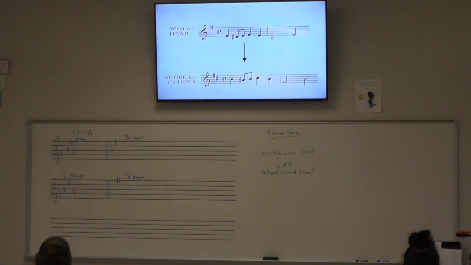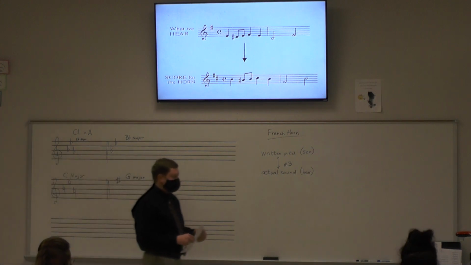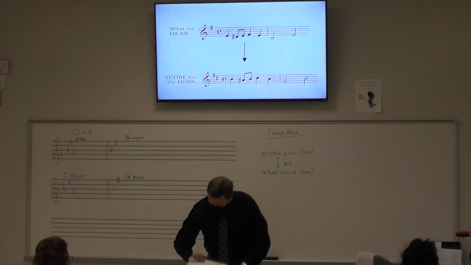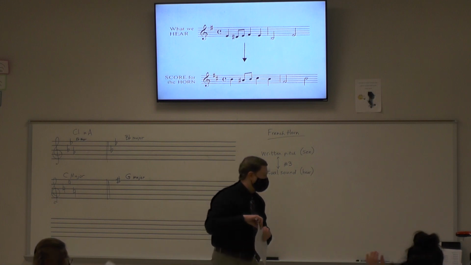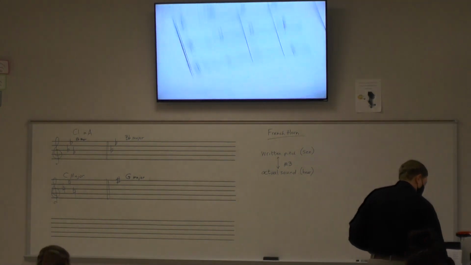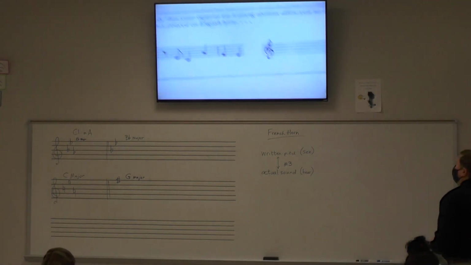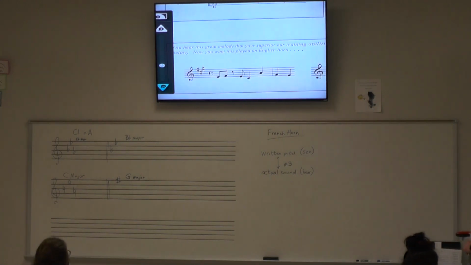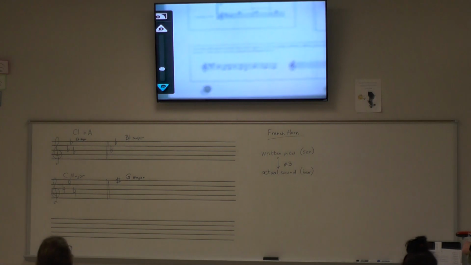All right, now, we've got one or two more things depending on how much time we have. On your handout that says instrumental transposition, go to the back side and let's look at the very bottom example. I don't think we've done this one yet.